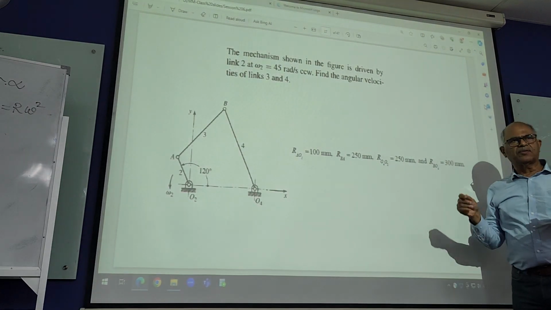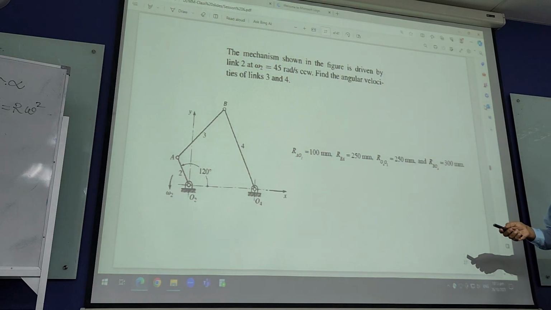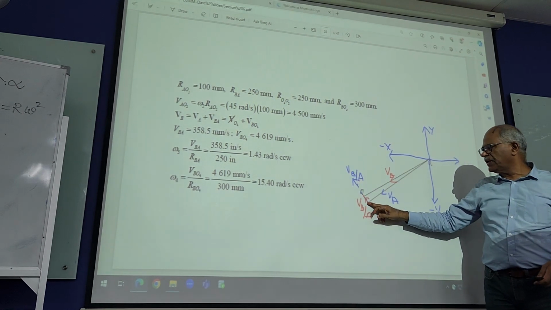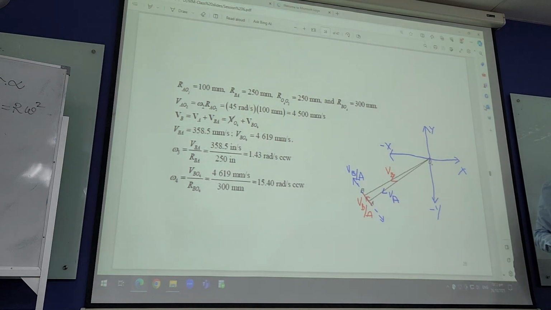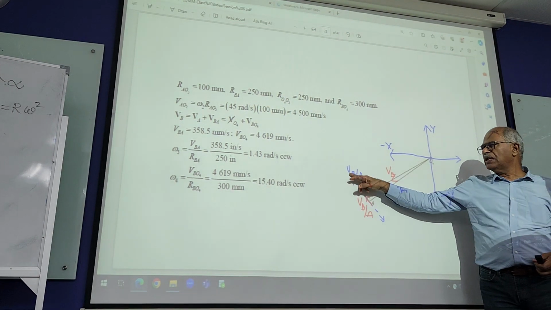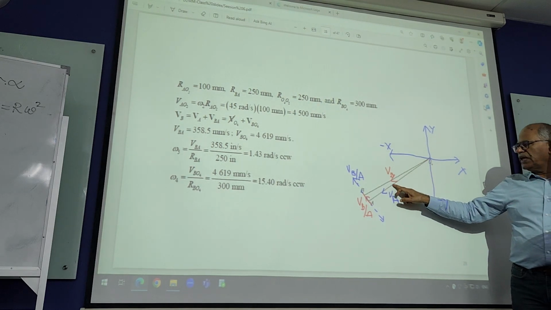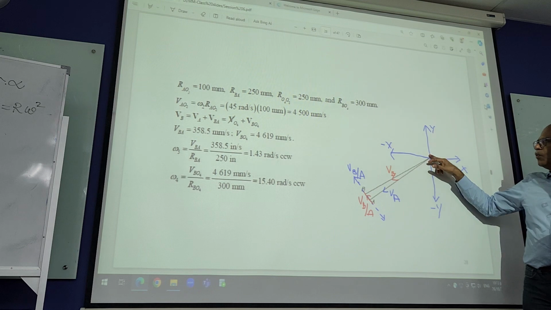Otherwise, using your set squares, you can slide and draw the line of velocity B to A from the tip of A. So this is your velocity B to A. Now we have drawn velocity A and velocity B to A, and that should equal velocity B.